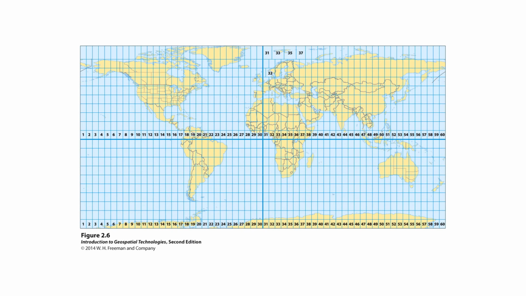This is the UTM system. It is a transverse, or sideways, cylinder that we spin around the Earth, creating 60 zones. Each zone is 6 degrees wide. That covers the entire 360 degrees around the planet. Anything within a zone is relatively accurate. As you move outside of a zone, that particular projection is no longer accurate.